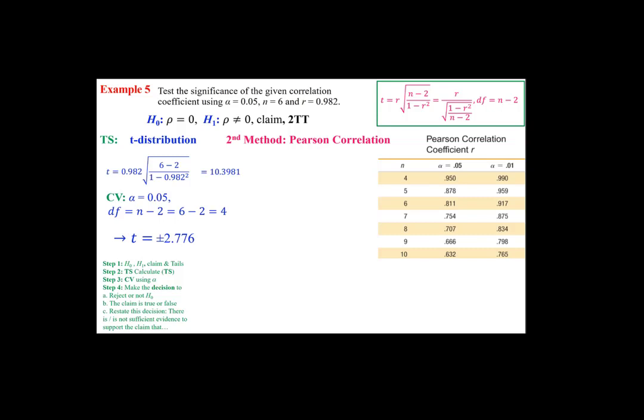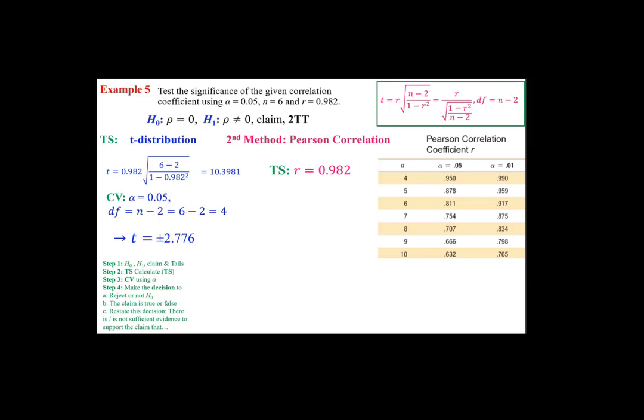How do we find the test statistic using the second method? Test statistic is given to us, class. Test statistic is the value of r that either has been given to us or we have calculated, 0.982. So that one is given. What about the critical value? The critical value comes from the Pearson correlation coefficient table, the table to the right. So what are we looking for?